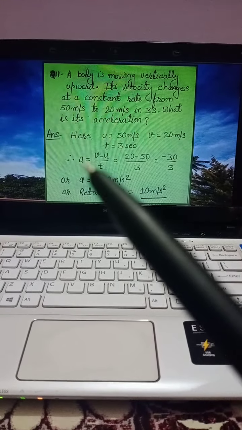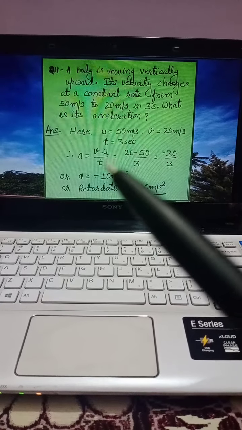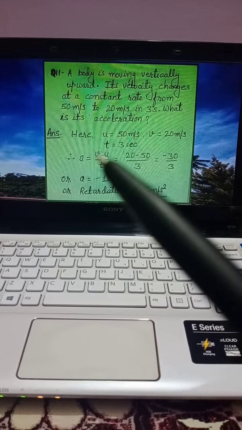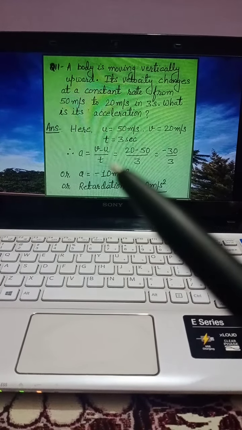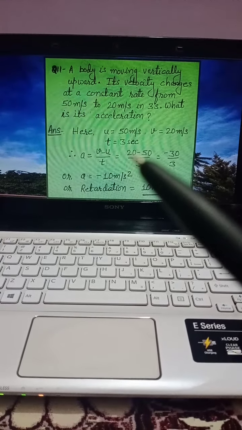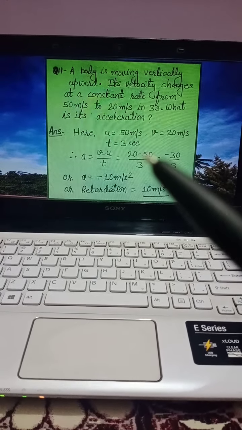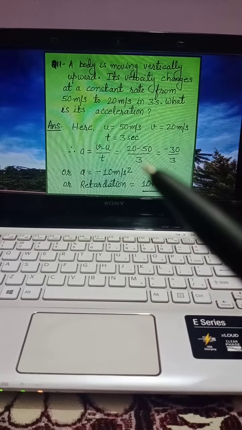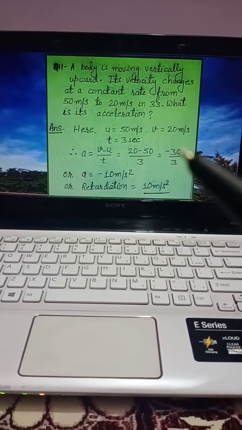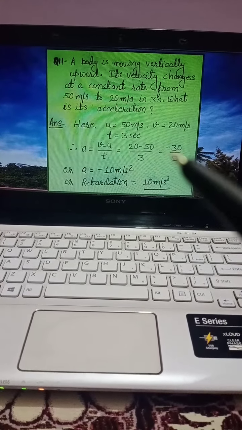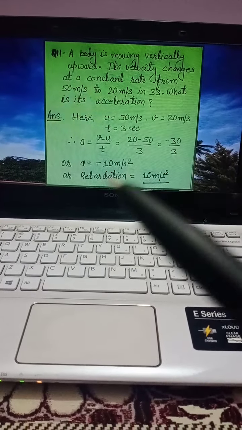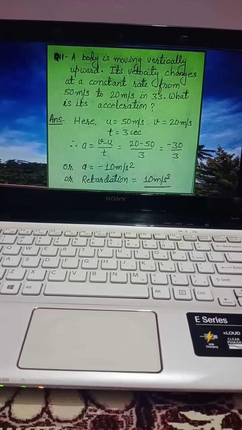So again we are going to use the formula of acceleration, v minus u by t. v means final velocity, u means initial velocity and t is the time. So final velocity 20, initial velocity 50 and time is 3 seconds. So here we get the acceleration as minus 30 by 3, which means acceleration is equal to minus 10 meter per second square.